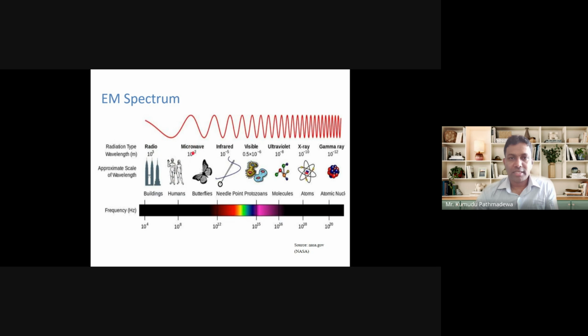That means centimeter level. Likewise, down to 10 to the minus 12 for gamma rays, comparable to atomic nuclei. So that is the wavelength range in the actual sense.